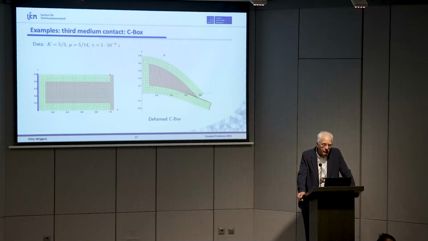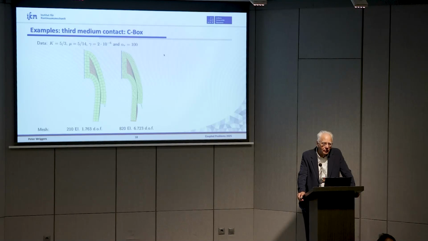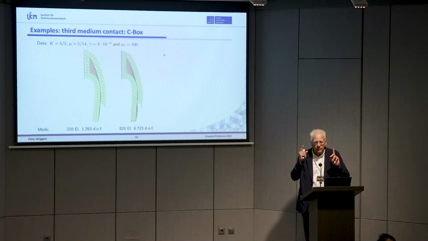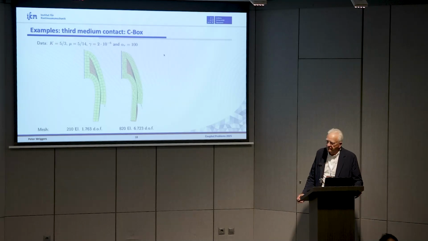But then you can push it even further and apply the load in a higher way, and then out of the point contact you get a line contact here. And you can see that the mesh is very deformed, because this node and this node are connected by one element. So the elements are extremely squeezed and also sheared in this problem, but it is still working with this regularization. So this is quite neat from this point of view.